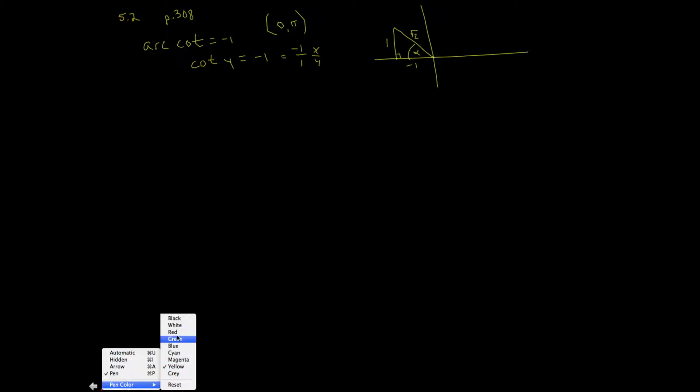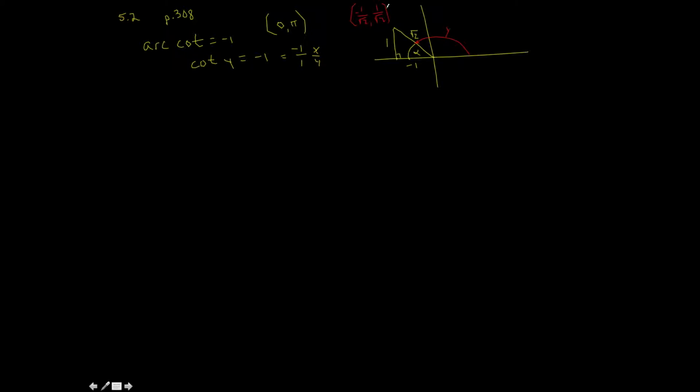Our reference angle here is going to be this. Our angle we're solving for here is going to be this. This is angle y. Okay? So, because remember, we're starting from 0 when we take that angle. So, what is this point here? Well, this is the point -1 over the square root of 2, 1 over the square root of 2. So relate that back to your unit circle.